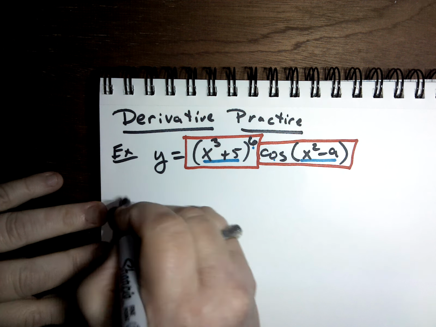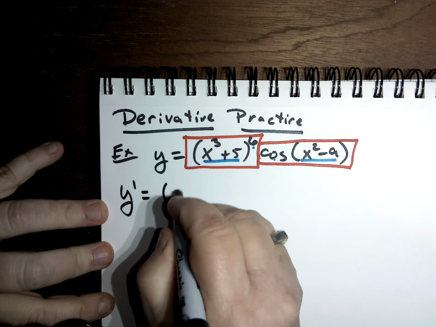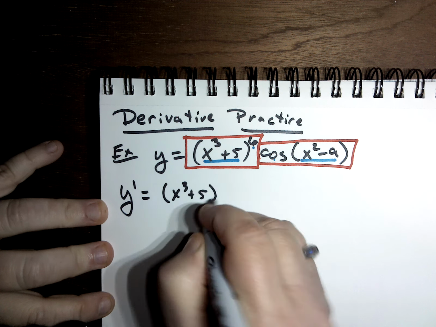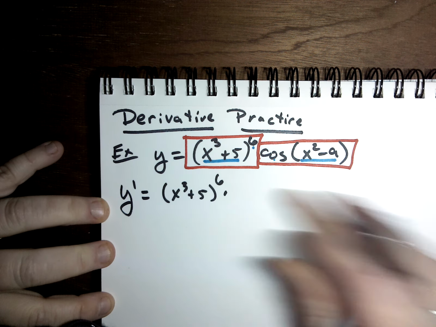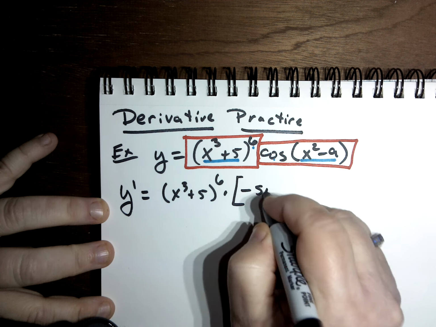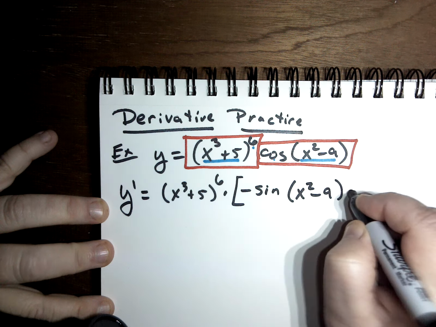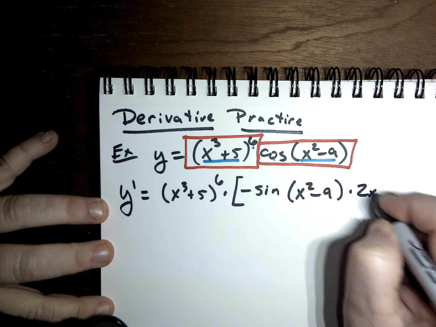So the first one, x cubed plus 5 to the 6th, times the derivative of the second. Derivative of cosine is negative sine times whatever's on its insides times the derivative of its insides, 2x.